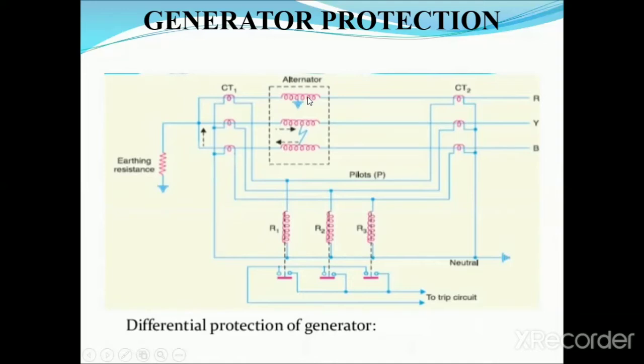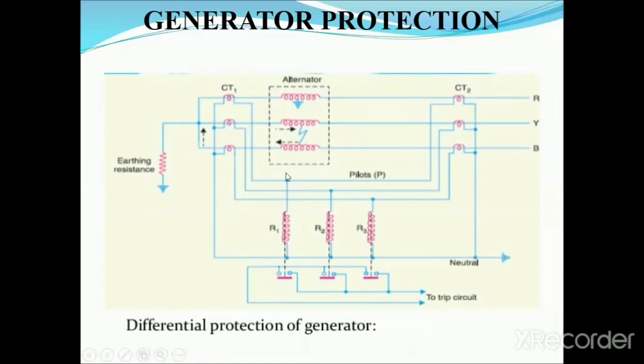This is the R phase of the alternator, this is the Y phase, and this is the B phase. The secondaries of both CTs are connected together, and this side of CT1 and CT2 is also connected to the neutral point.